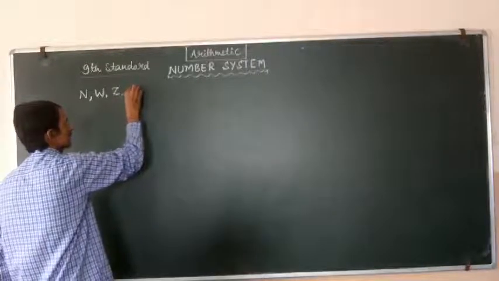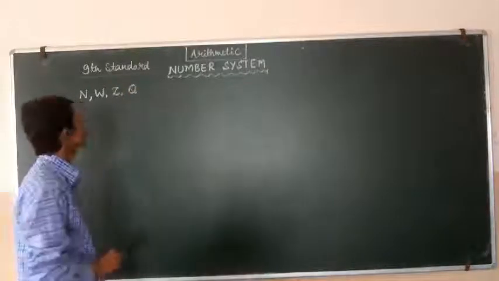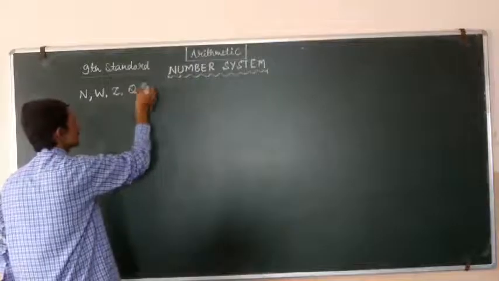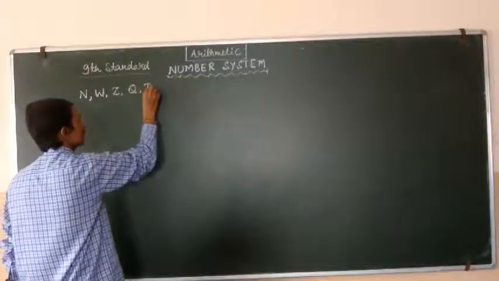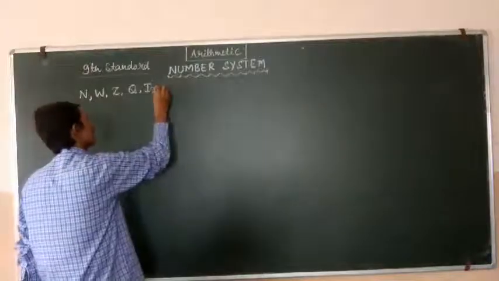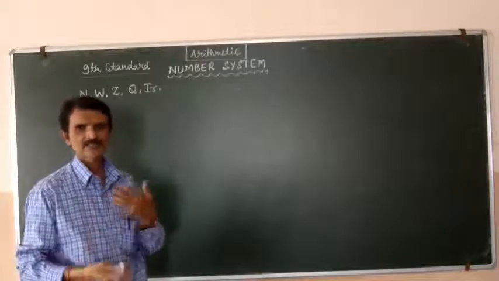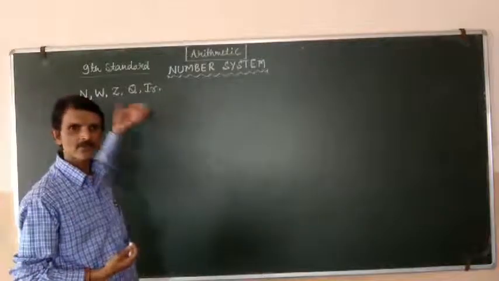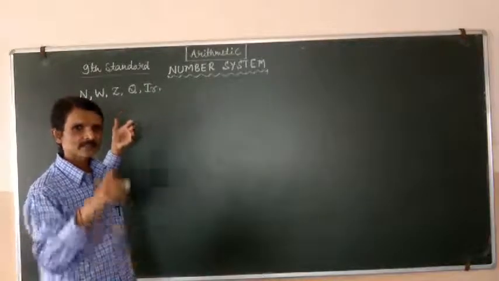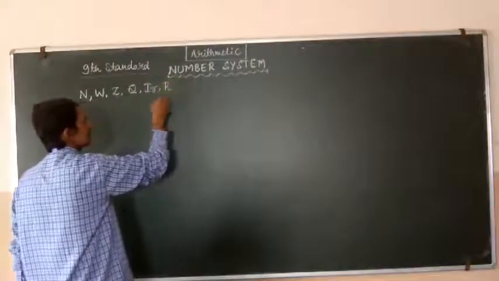Yes, it is Q for rational numbers. Next, I for irrational numbers, and the mother set or the universal set. Which is the mother set or universal set of all these sets? Yes, it is the real number set.